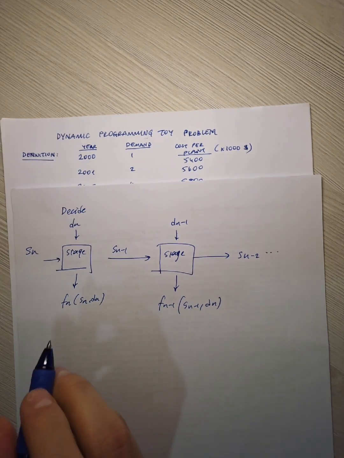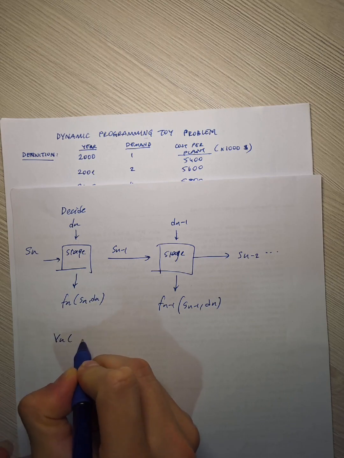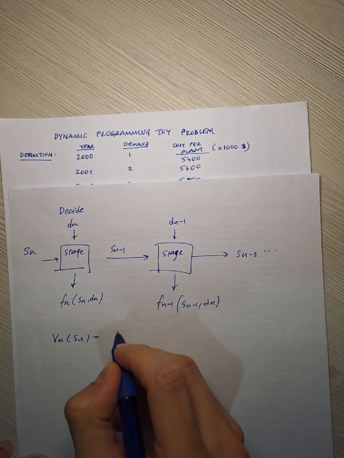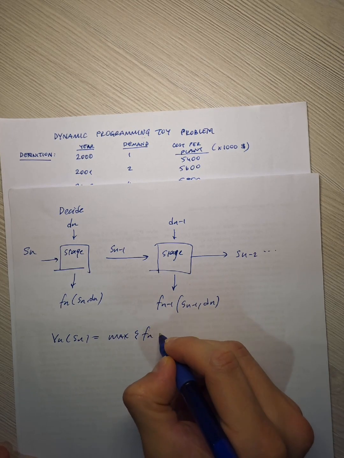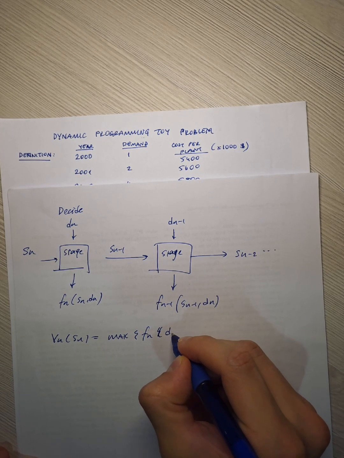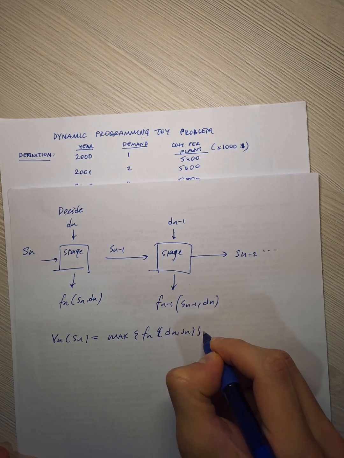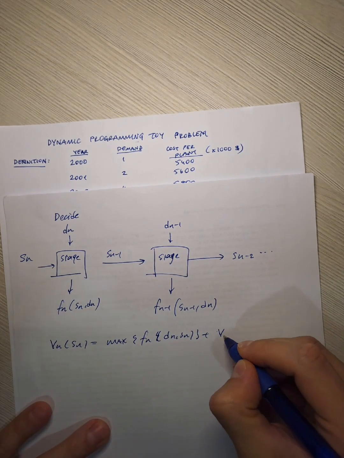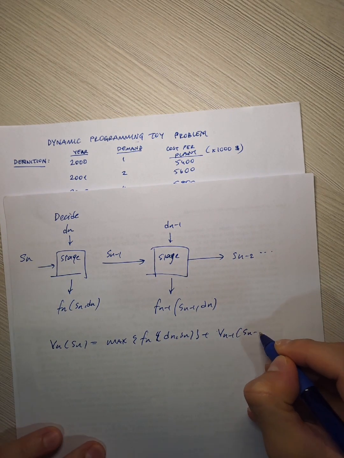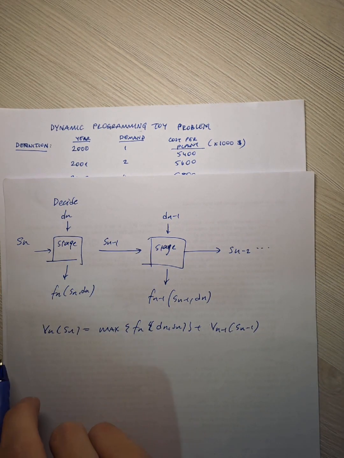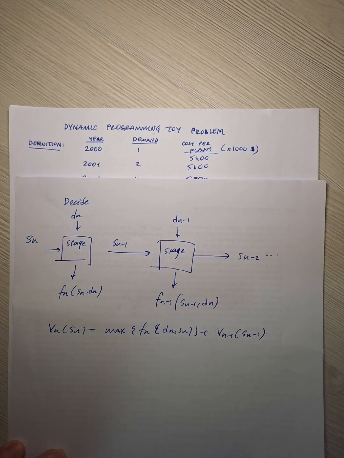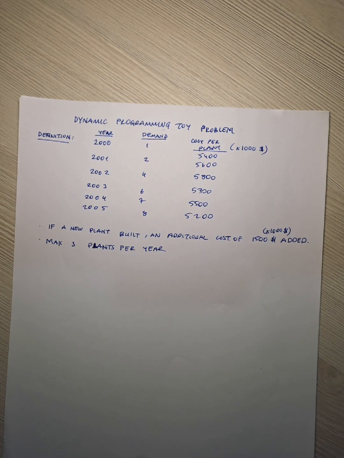So according to this notation, the problem becomes maximization of this return, d_n s_n. I write it recursively as n minus 1. In our problem, we are trying to minimize the total investment, so it will be the minimization of the cost. So roughly this is what we will do.